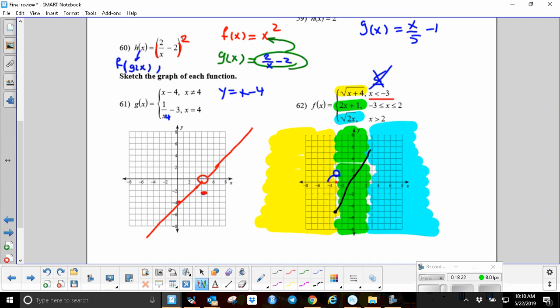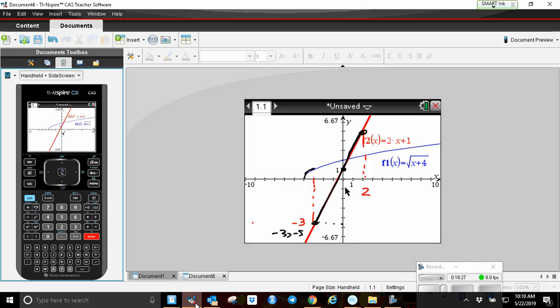Next, I'm going to graph the square root of 2x. I'm going to erase this. What was the square root of 2x? And that's the section. So what section of it do we need? We only need this part of it. 1, 2, and 1, 2.